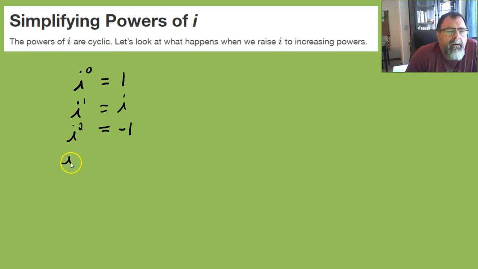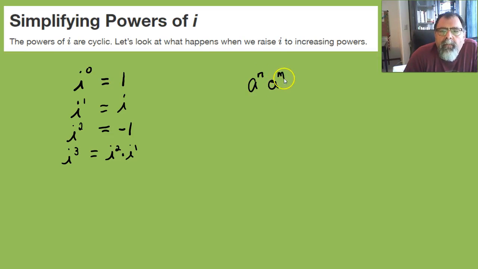Now here's where we have to become tricky. So i cubed, you can think of it as i squared times i to the first using exponent rules. a to the n times a to the m is a to the n plus m.